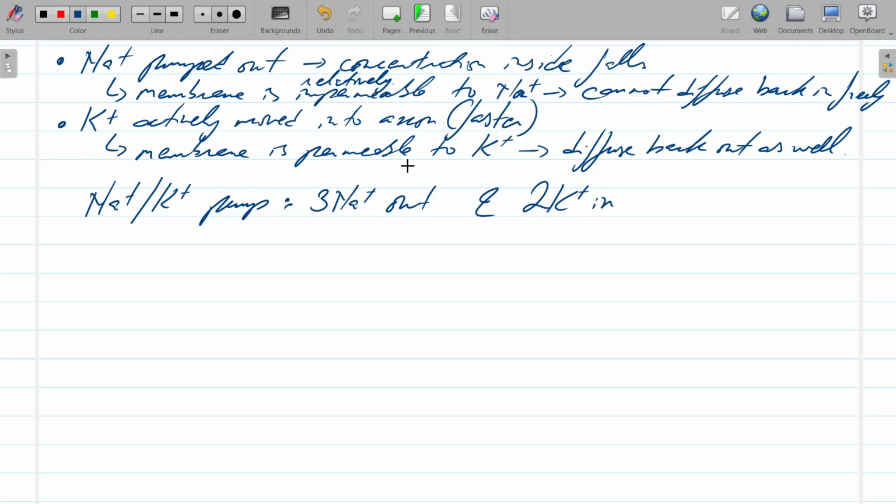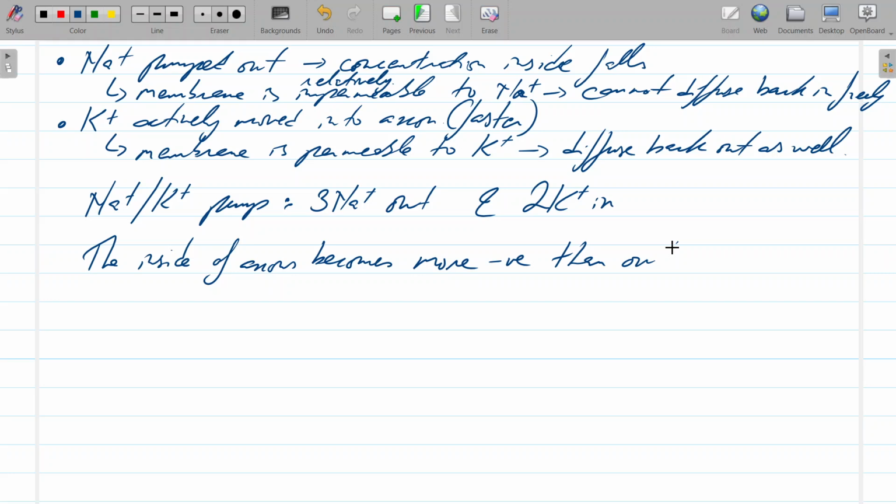You're losing 3 positive charges, you're bringing in 2, so overall you are losing positive charge. And if that continues long enough, then the inside of the axon becomes more negative than outside.